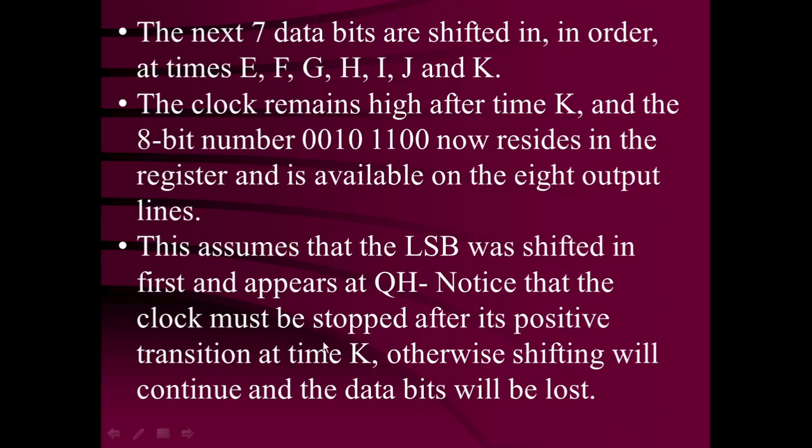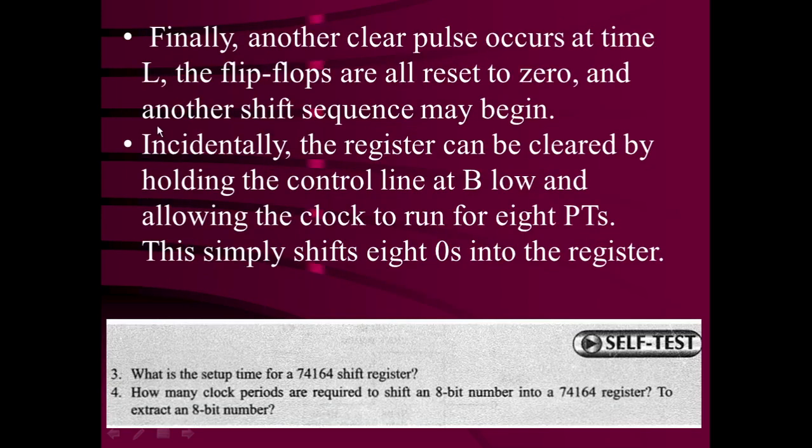Notice that the clock must be stopped after its positive transition at time K, otherwise shifting will continue and the data bits will be lost. Finally, another clear pulse occurs at time instant L, and all the flip-flops are reset to 0, and another shift sequence may begin.